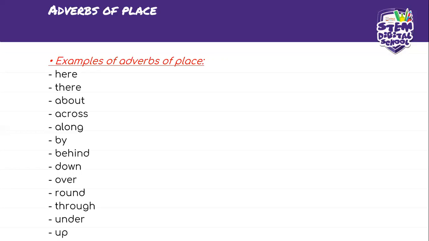And then we have about. About is an adverb of place. Think of it in the context of science. Let us say that you have a spinning top. If you spin the spinning top, you can say that the spinning top is revolving about its tip.